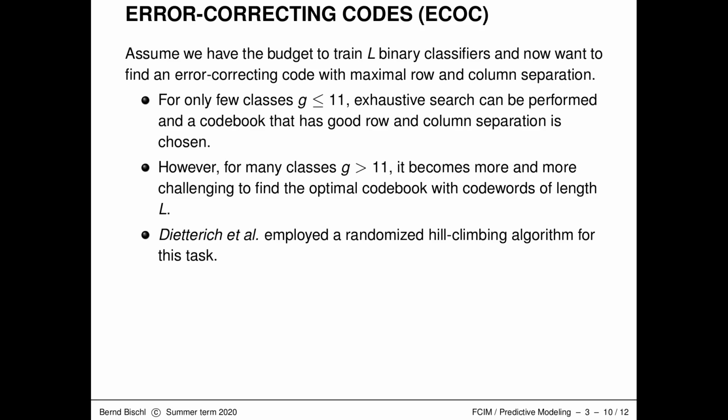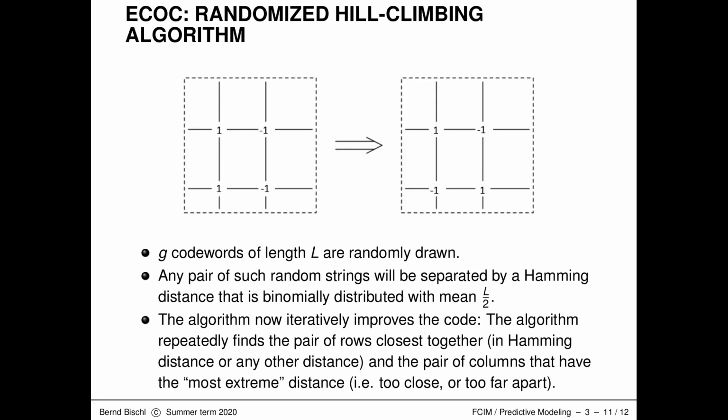And in this original paper by Dietterich et al., they employ the randomized hill climbing algorithm for this task to still be able to heuristically optimize over all potential codebooks. And I want to at least summarize how that works. What we do in this randomized hill climbing algorithm is that we create k code words of length L by randomly drawing these.